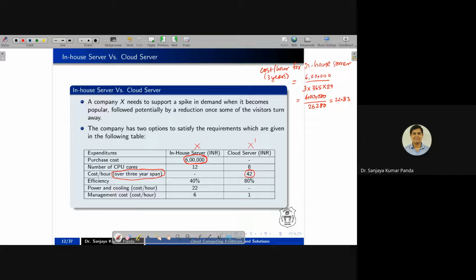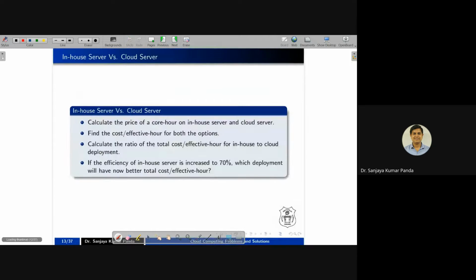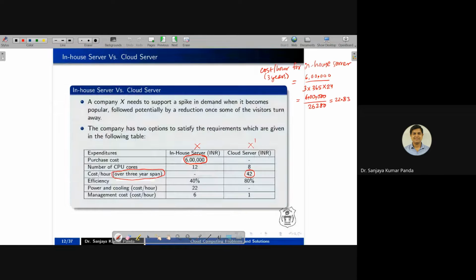Our first question says, what is the price of a core hour on the in-house server? So we have to find the core hour. So if I calculate the core hour for the in-house server, how many cores are there here? 12 cores.